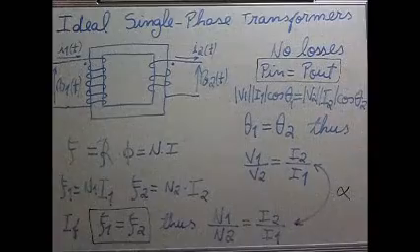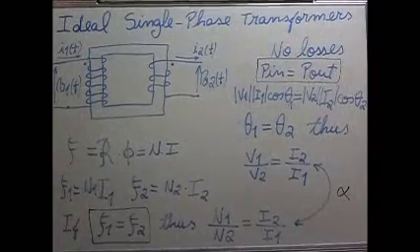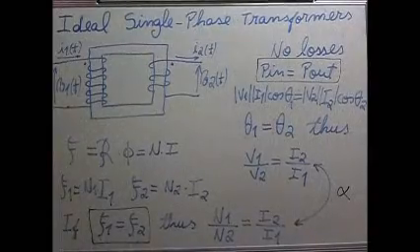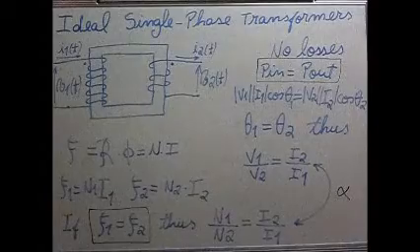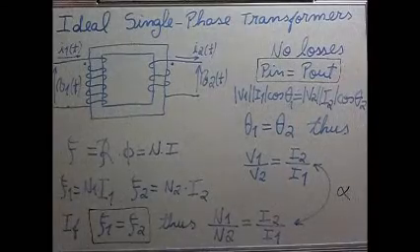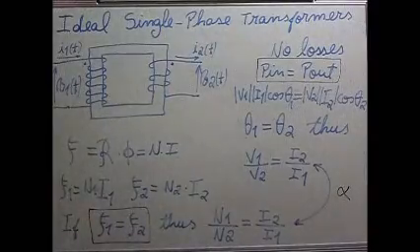What we are going to focus on in this lesson is that there will be no power losses in the transformer. So there will not be losses by Joule's effect and no power losses by hysteresis or magnetization.